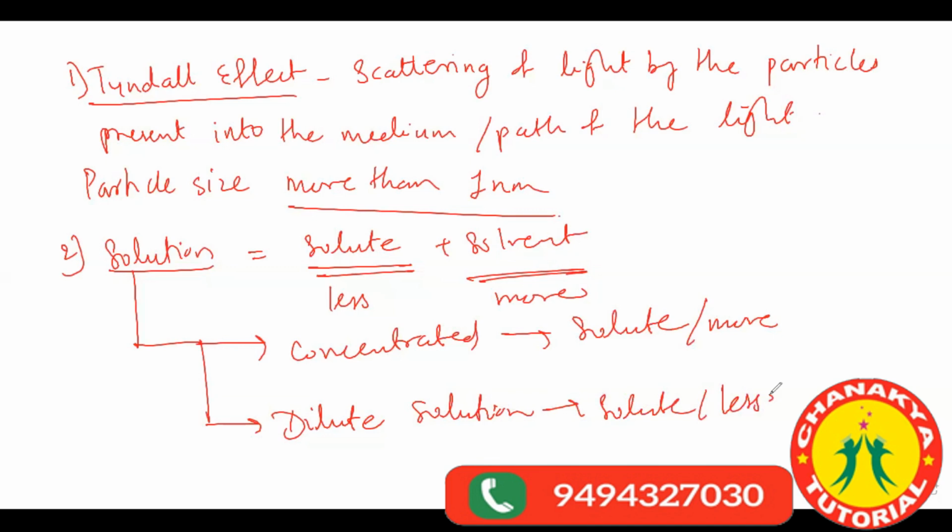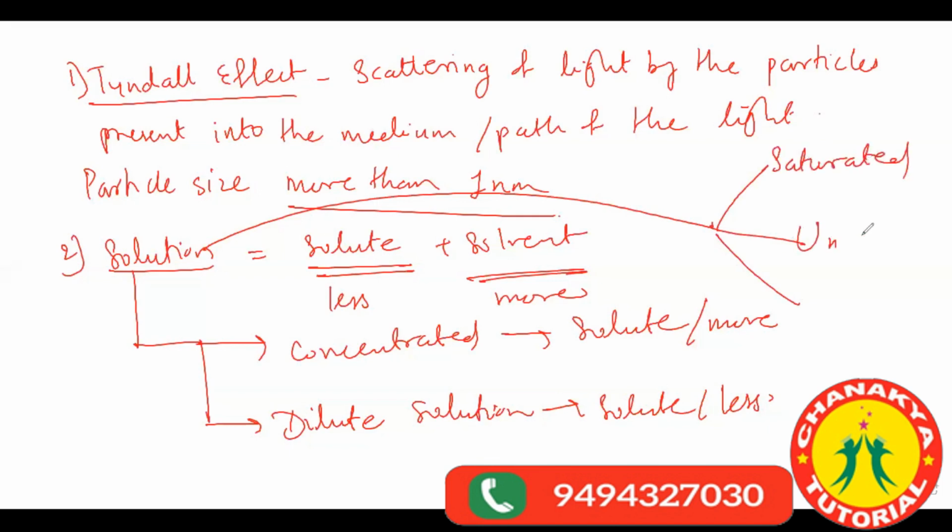And if it would be the dilute solution, your solute would be less in quantity and solvent would be more in quantity. Fine. And after that, we have again classified this solution in three different parts: saturated, unsaturated, and supersaturated.